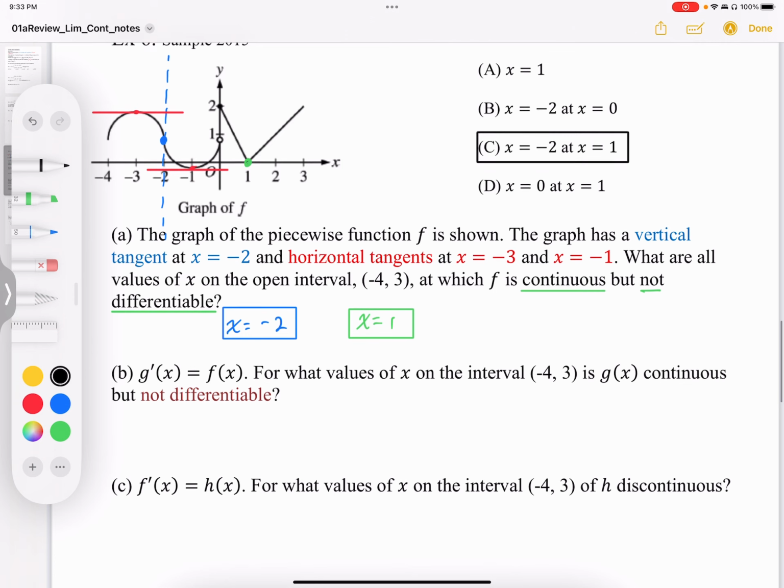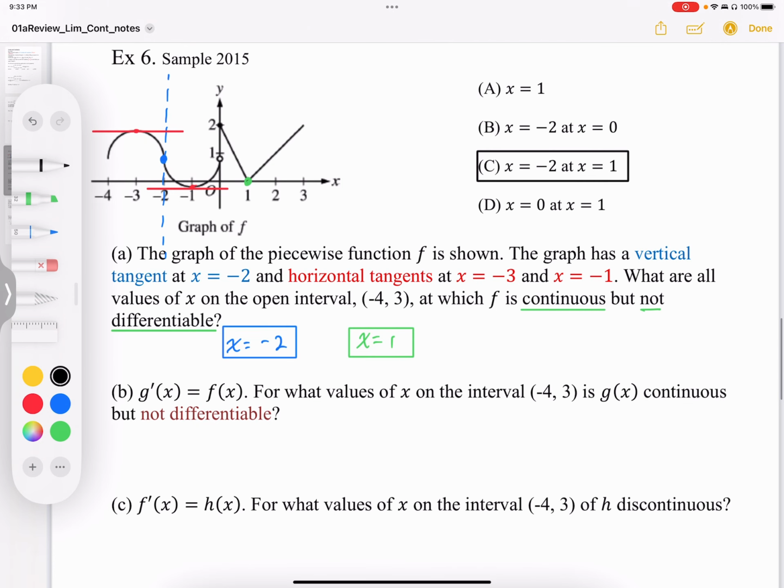So the f function given is now the derivative of some antiderivative function g. It says, for what values of x on the interval is g continuous but not differentiable? If we have a continuous derivative, that means the function was smooth, continuous and differentiable. Now in this case, we have continuity all the way through except for x equals 0.